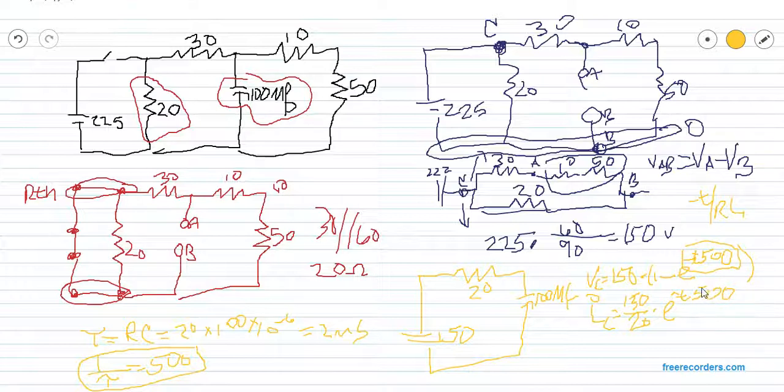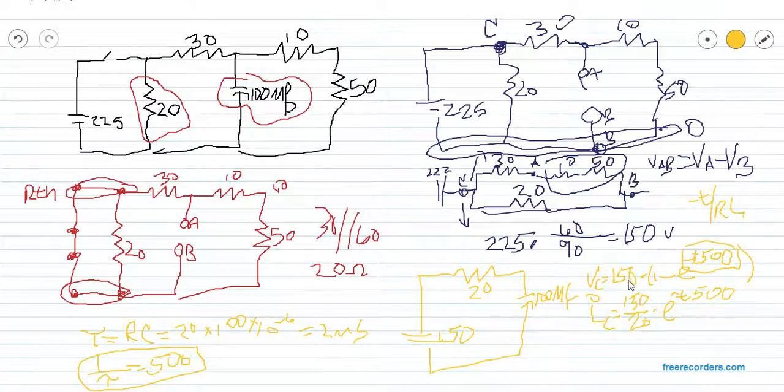So it works for both, and you'll notice that essentially these formulas are opposite of each other, where you have initial current and then it goes to 0, and your voltage starts at 0 and goes to 150.